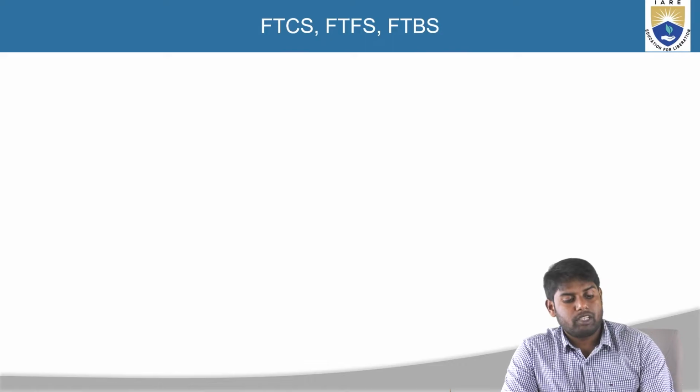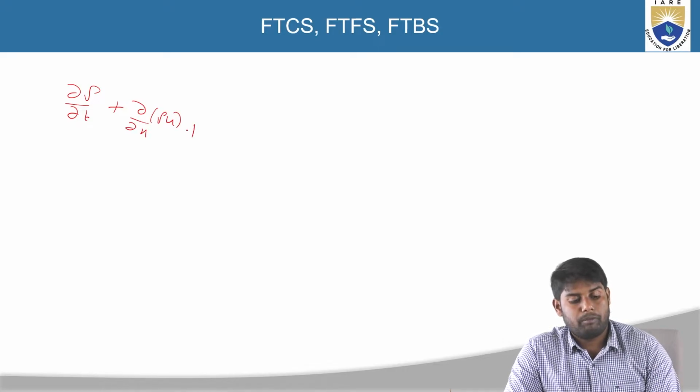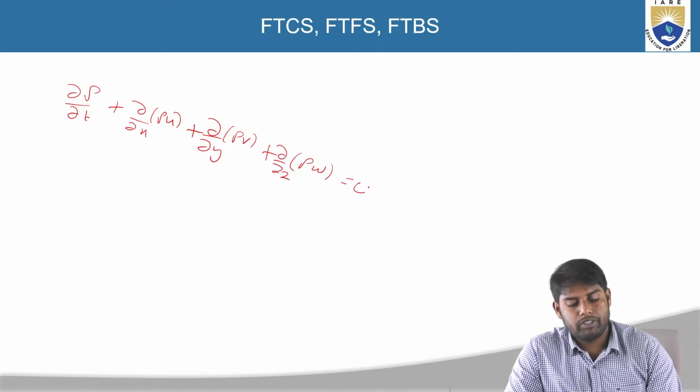So let's say we have dou rho by dou t in the continuity equation, plus dou by dou x of rho u, plus dou by dou y of rho v, plus dou by dou z of rho w, which is equal to 0.